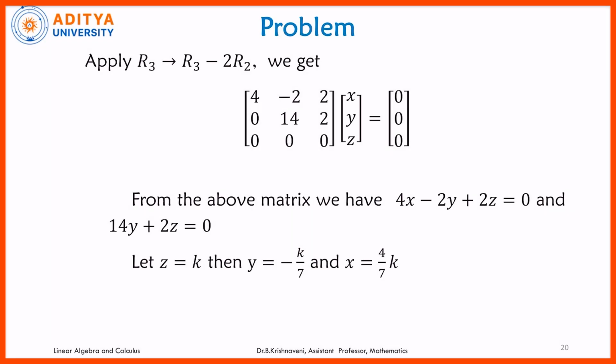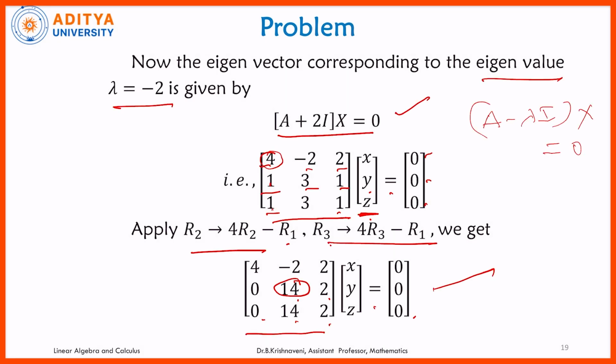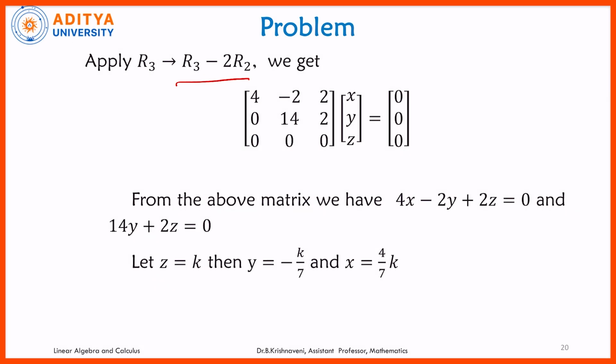Now use the operation: fix this and make the element below it 0. A simple operation we can use is R3 minus 2R2. On doing this, we got the system. After reducing, we get the system in this form: 4x minus 2y plus 2z equal to 0, 0x plus 14y plus 2z equal to 0, and the third row is already 0, so there is nothing to find.